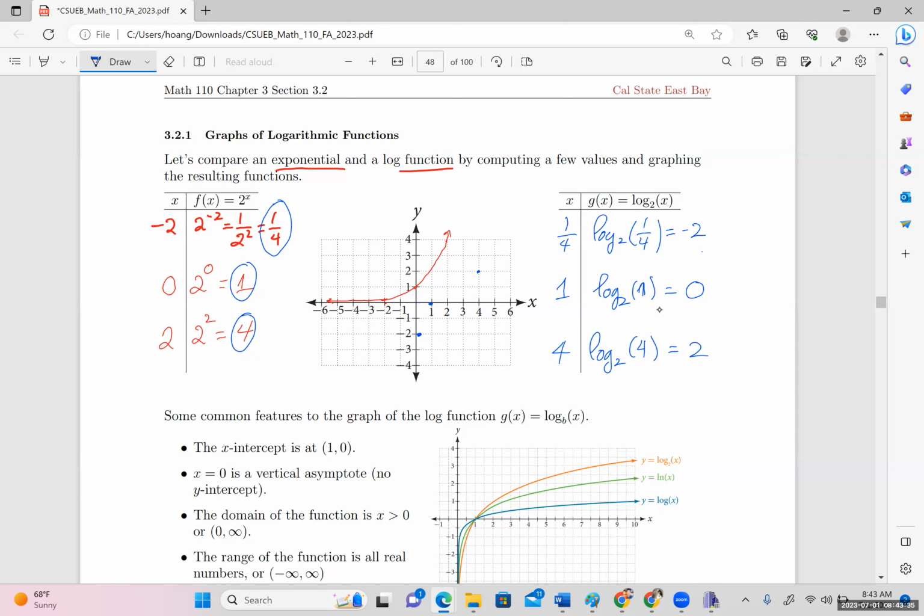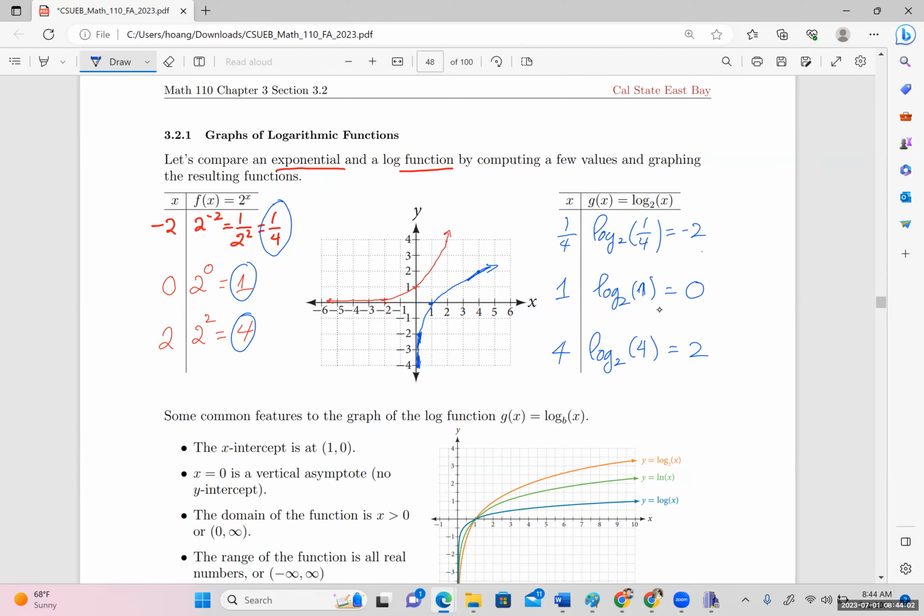So I will connect those together, and keep my dots. We don't want to have an x value less than 0 or even equal to 0. So it should go along with the y-axis.